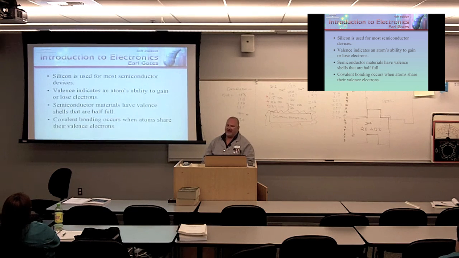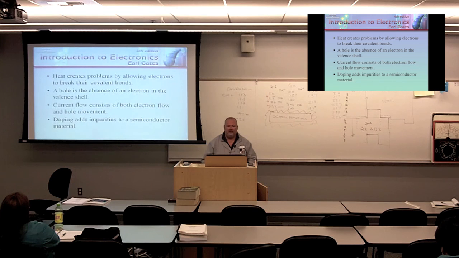Valence indicates an atom's ability to gain or lose electrons. Semiconductor materials have valence shells that are half full. Literally. That way you could add to them or subtract from them by the use of dopants. Covalent bonding occurs when atoms share their valence electrons. And that's how we grow crystals.